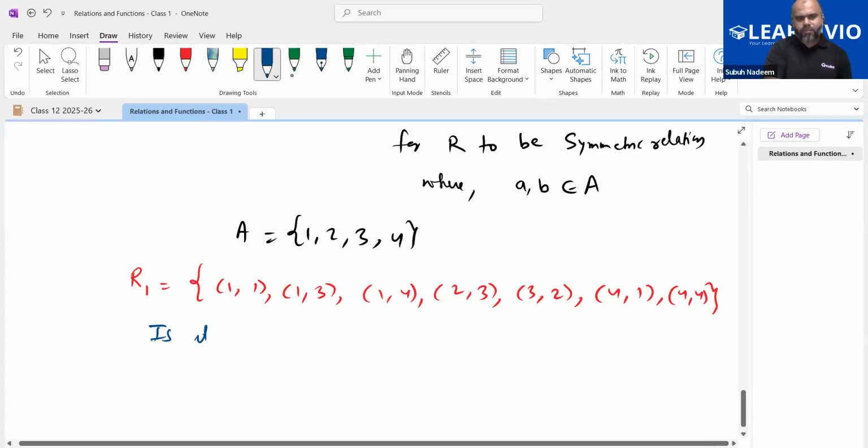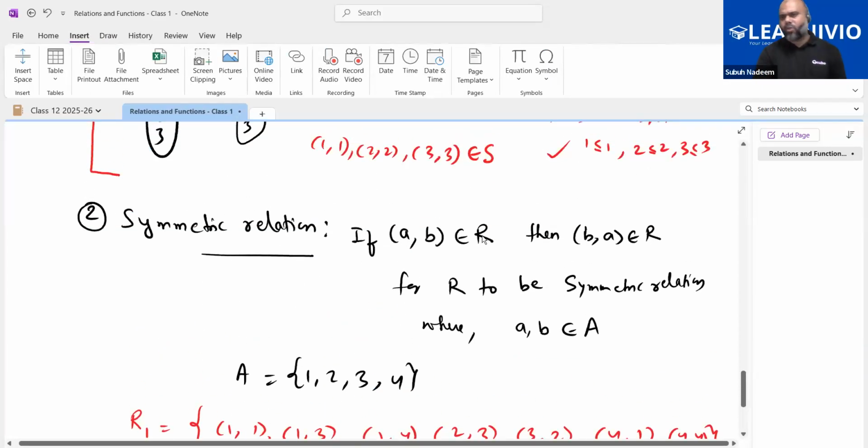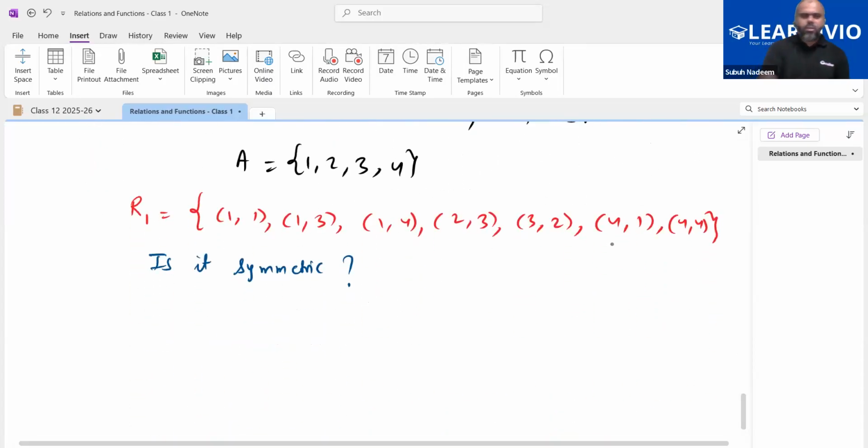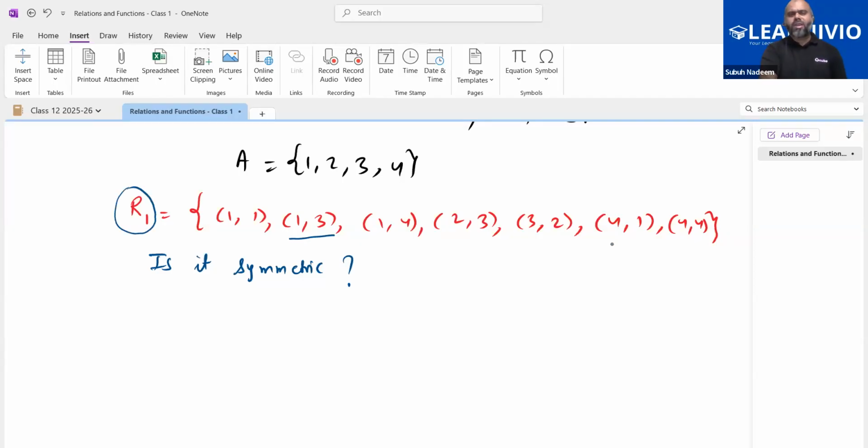Is it symmetric? For symmetric, we need to check that if (A, B) belongs to the relation R, then its inverse, that is, if you change the order, also belongs to the relation R. So (1, 1) you don't have to check because both are the same. Now (1, 3): is (3, 1) present in this relation R1?